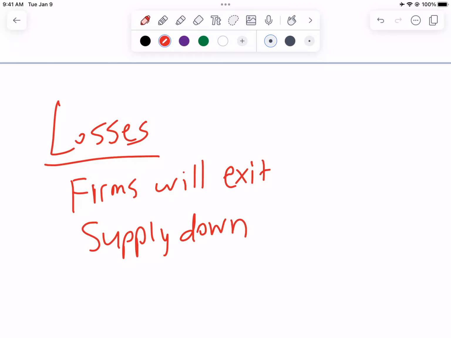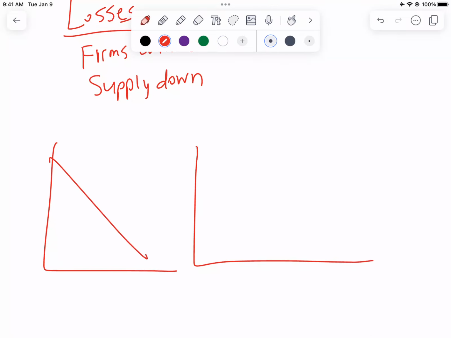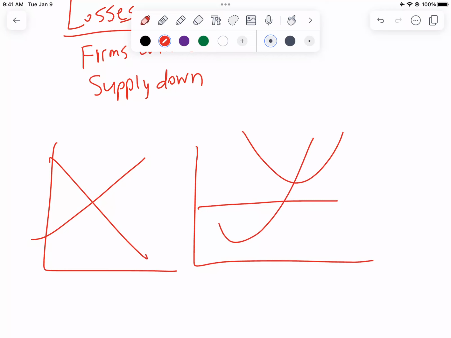So you would draw the market and the firm graph, and then you would draw supply decreasing. Then this would be your new price and quantity, and this would be your new price over here.